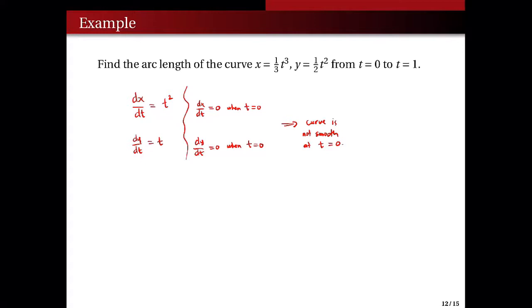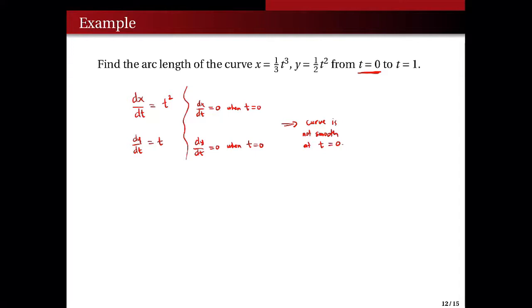Take note of this. t equals 0, it's an endpoint of our interval. We can have some improper integral in here, correct? And that's just totally fine. If we have an improper integral, we can still solve it.